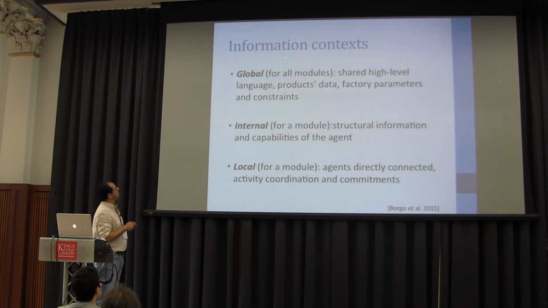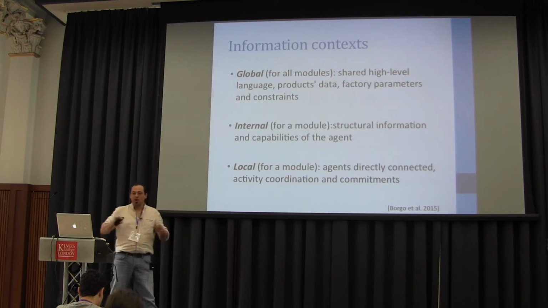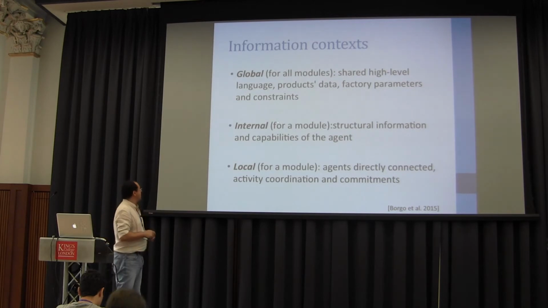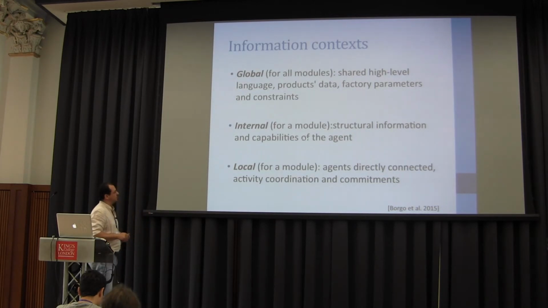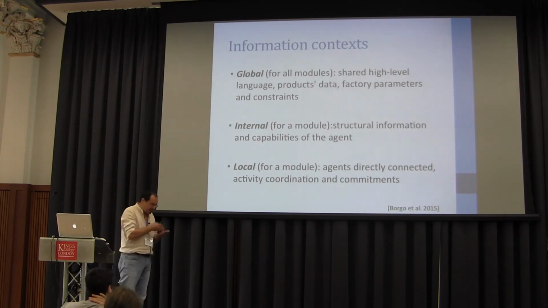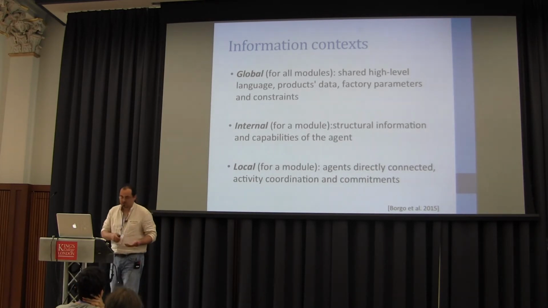We distinguished and defined different information contexts, in particular the global context shared among all the modules in order to represent, let's say, the high-level information that all the modules should know and use in order to communicate among them. An internal context containing all the information related to the specific capabilities of the agent and the local structural information of the mechatronic module.